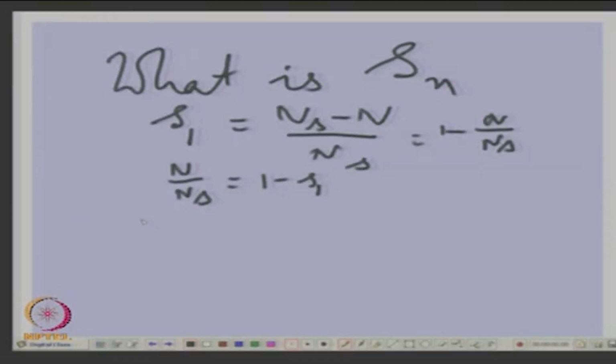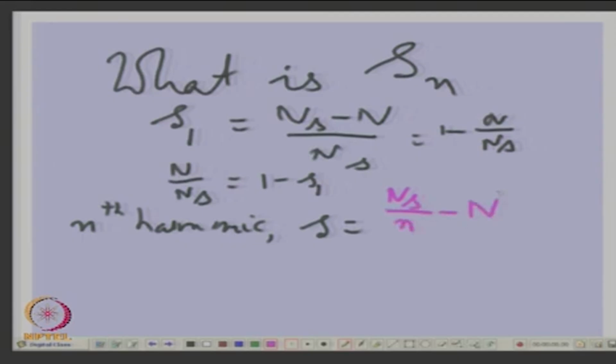What will be S_n for nth harmonic? What will be the slip? What we define as slip is the difference between the actual air gap field speed and the actual rotational speed, is it not? So, what will be this for nth harmonic? It will be n_s by n minus n, speed does not change, it is rotating at the same speed for this, divided by n_s by n.